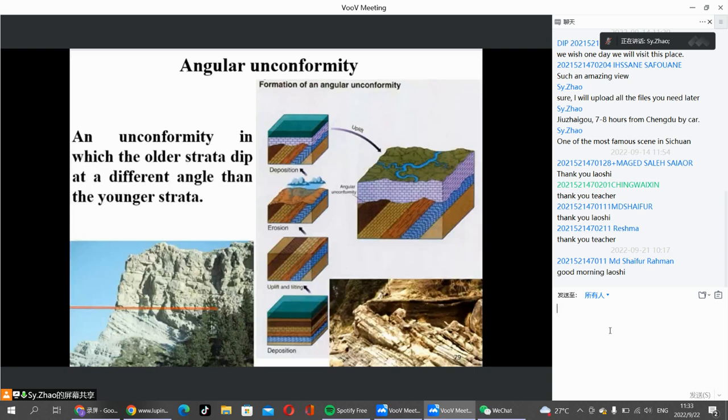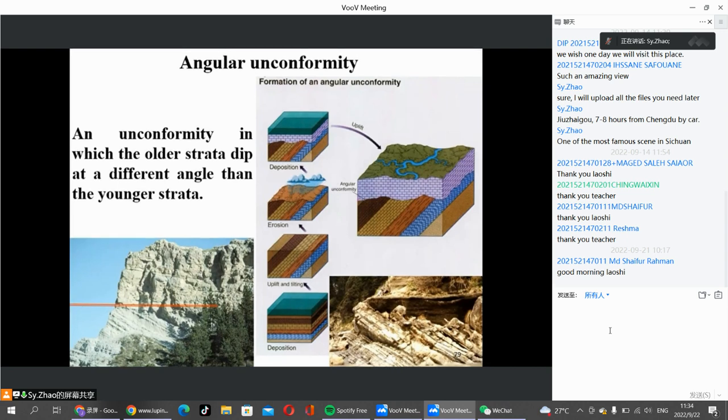And angular unconformity is a kind of interesting phenomenon we can observe in the field without a fault in it. In the lower right image, we can see the orientations of the lower rocks are inconsistent with the upper portion. As we know, a steep fault could cause such a disconformity too, but there is no fault between them.